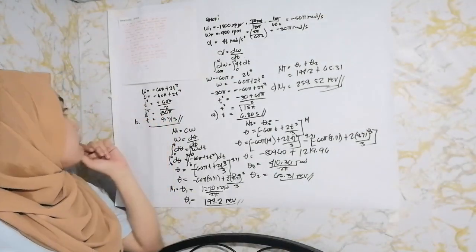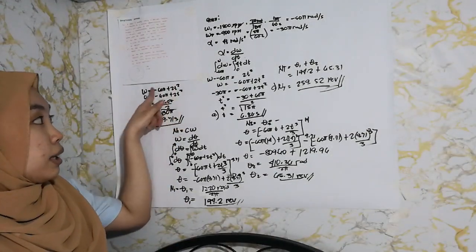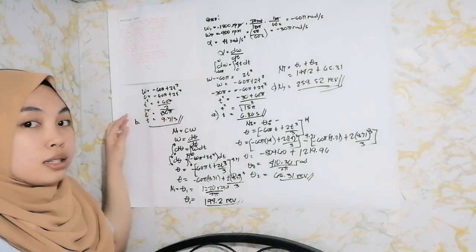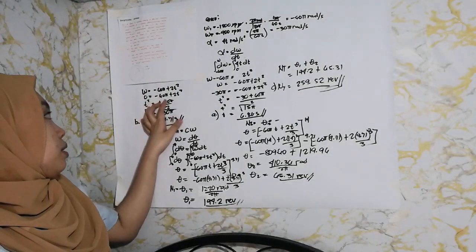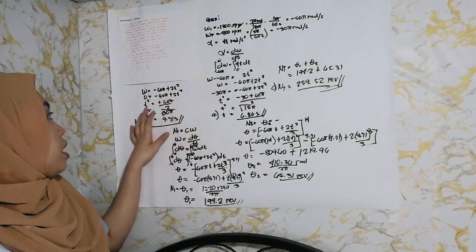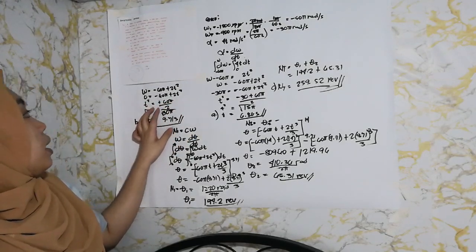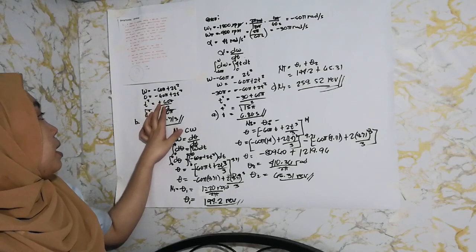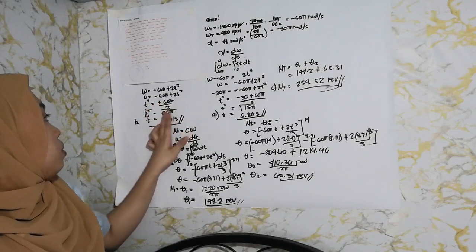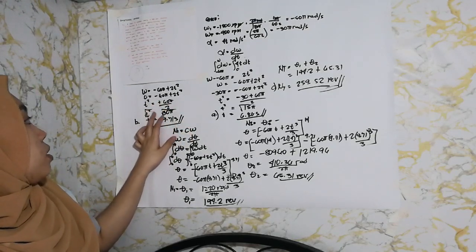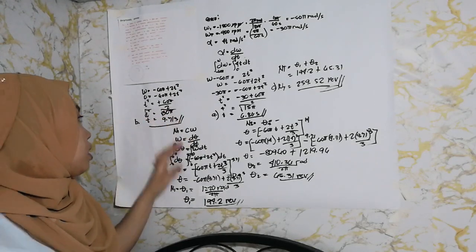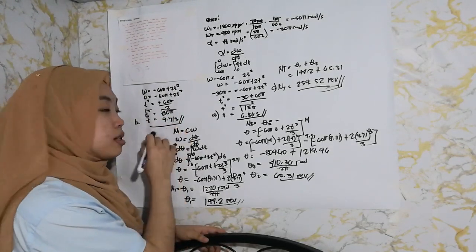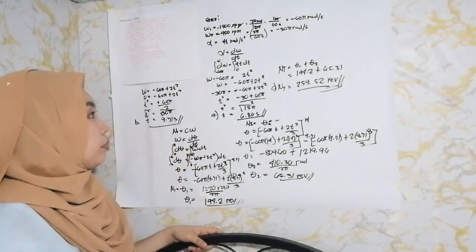We use the same equation and substitute omega equals 0. So, negative 60 pi plus 2t squared equals 0, and we get t squared equals 60 pi over 2. Taking the square root, t is equivalent to 9.71 seconds.